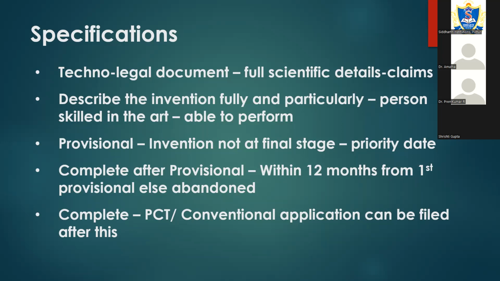These are the applications where your invention has to be filed abroad. If you want to file outside India, then we can go with the PCT mode or conventional application. In that case, you first have to provide the complete specification in India. After that, you go with the PCT or conventional application outside India.